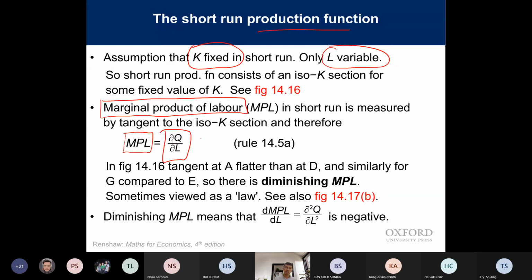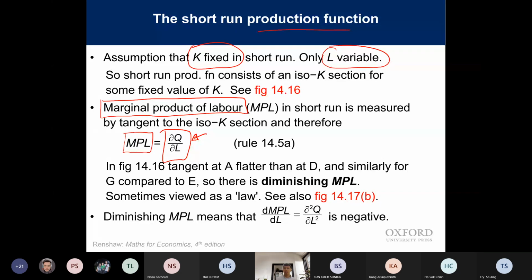So it is denoted by partial Q over partial L, and you see it's defined in mathematics. The partial derivative now has its own name, right? It has its own name. So what does it measure? It measures the rate of change of the output with respect to the change in labor force, right?